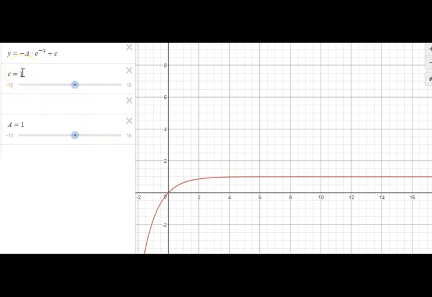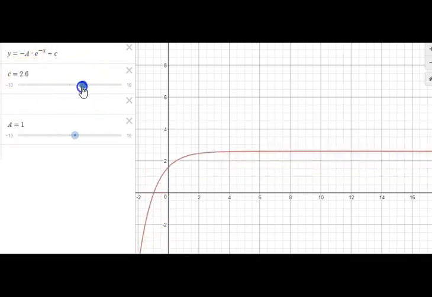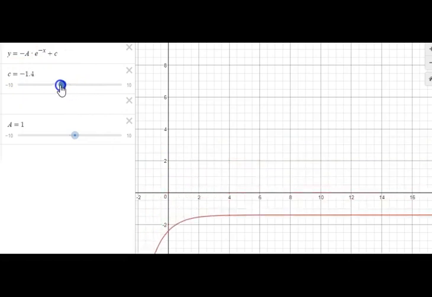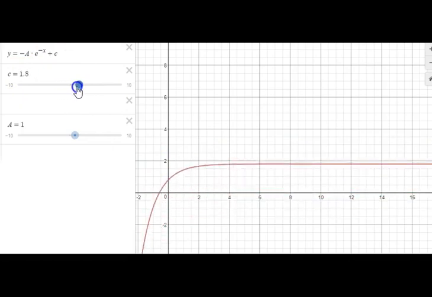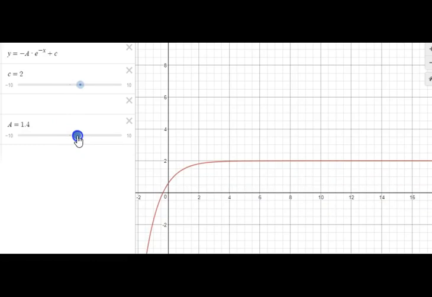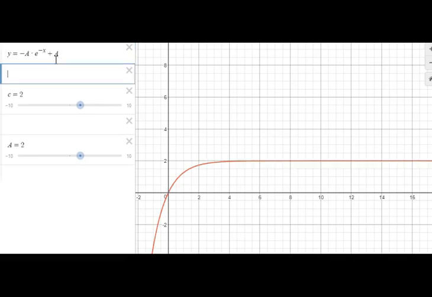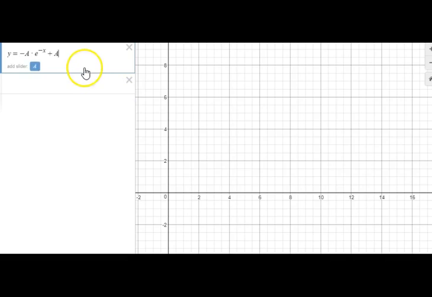Well, thank you very much, Desmos.com, for giving random values to our constants. It looks like this goes through 0, 0 when C at the end and A at the beginning are exactly the same number. So why have two variables when you could have one? Get rid of that. We are in good shape.